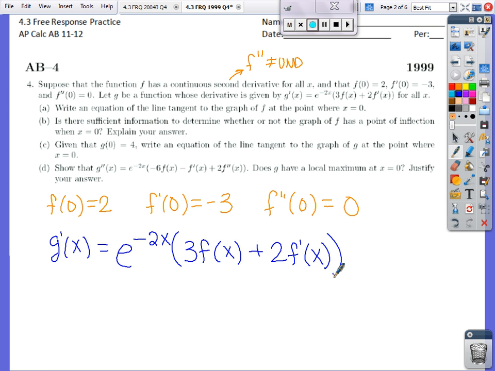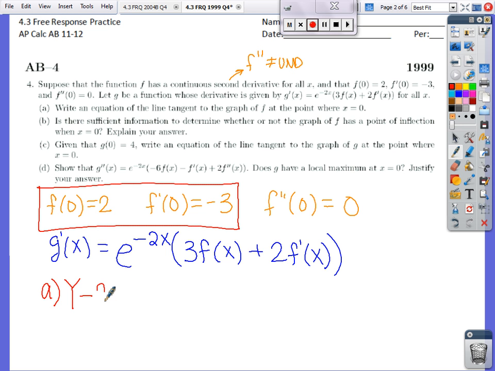Part A just asks you to write the equation of a tangent line to the graph of f at x equal to 0. So part A is pretty easy because we actually have everything we need. y minus 2 is equal to the slope at 0, times x minus 0.